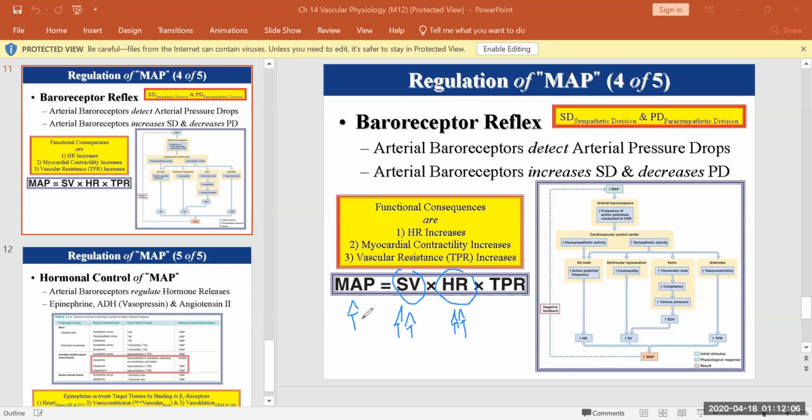The same epinephrine, if it's in high concentration, will also be able to bind and activate alpha-1 adrenergic receptors. And these are the same ones that are activated by norepinephrine.